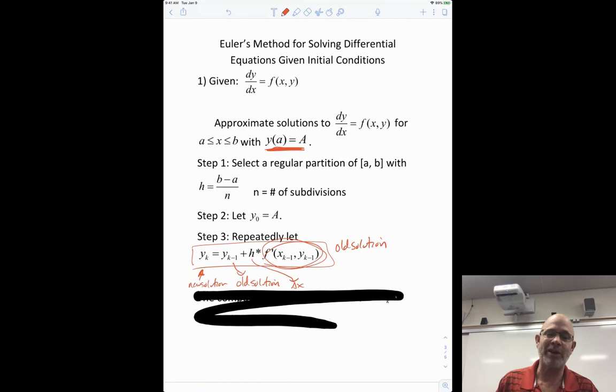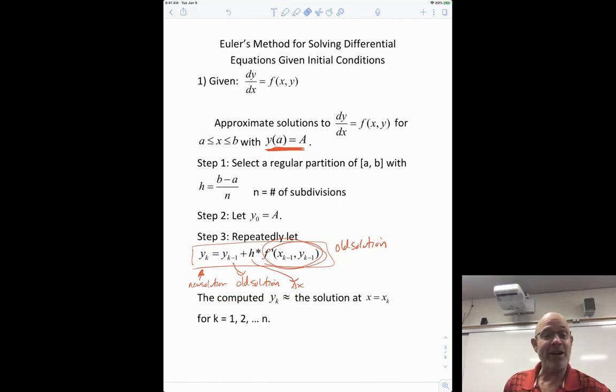I'm going to walk you through a problem, and you'll see it. Each successive step, we get another solution. So the computed y_k is the approximate solution at the next x. If you're writing anything down, what's inside that box is the most important thing for sure.